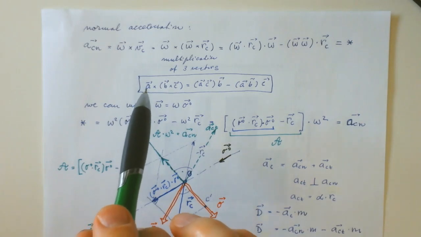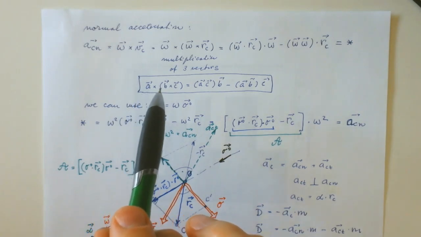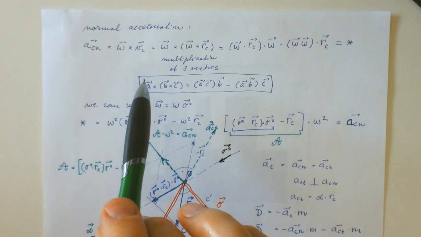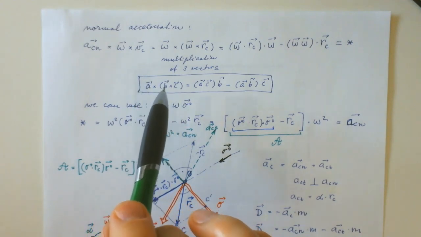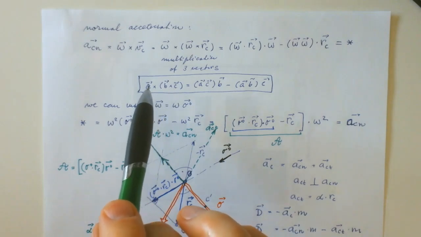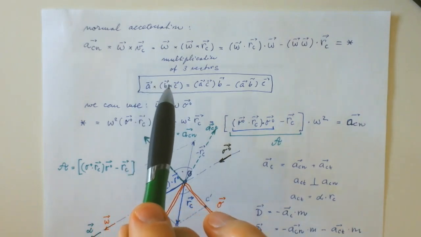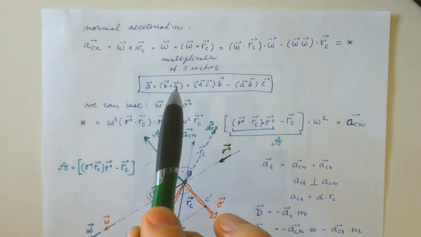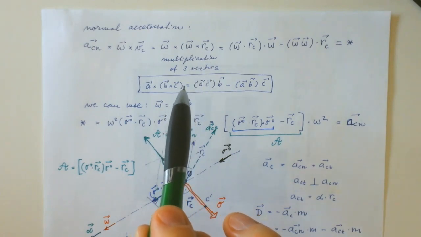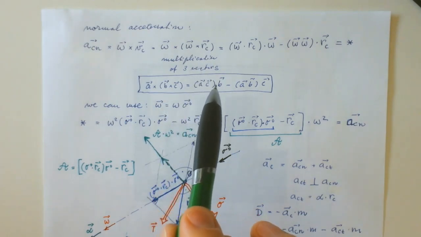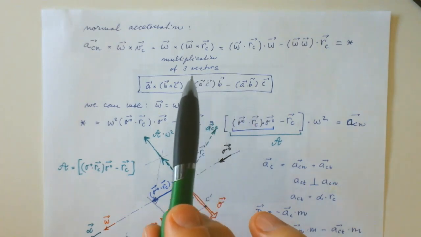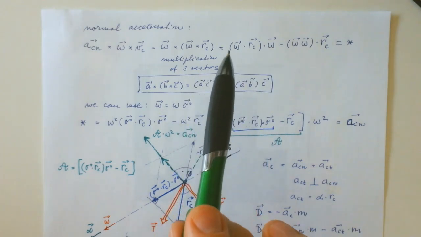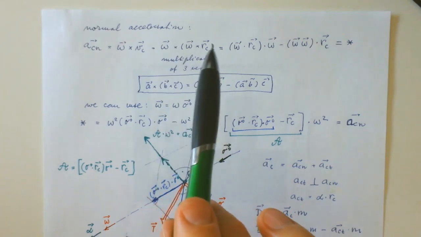So there is the triple or double vector multiplication. We have vectors a, b, c, which correspond with omega, omega, and rC, and it is a times (c dot b) minus b times (a dot c). So we can use this pattern for calculation of this.